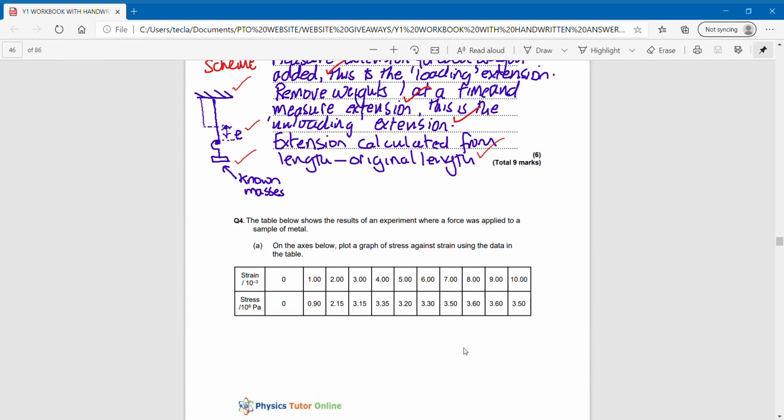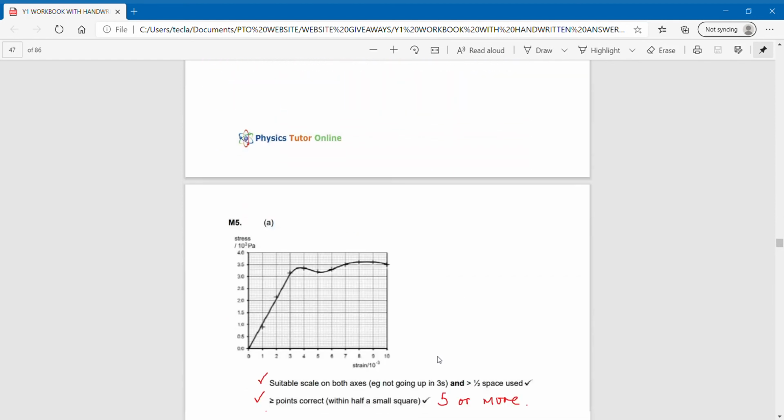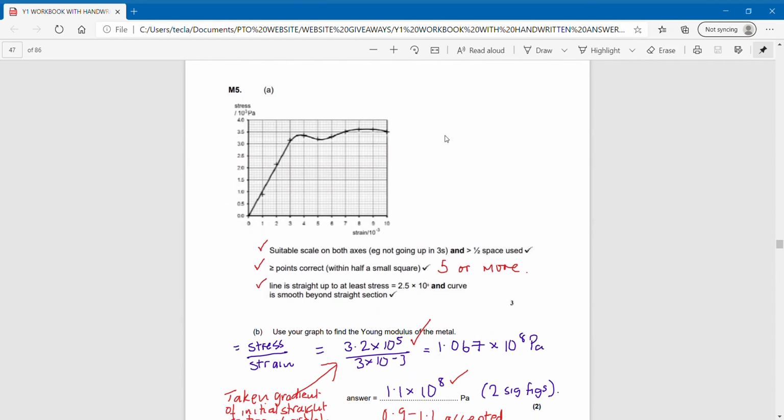So question 4 is a graph question, plotting a graph of stress against strain using the data in the table. So this is straight from the mark scheme. So suitable scale on both axes, such as that shown here, e.g. not going up in threes, just keeping it simple. 1 centimetre equals 1 unit of strain, for example.